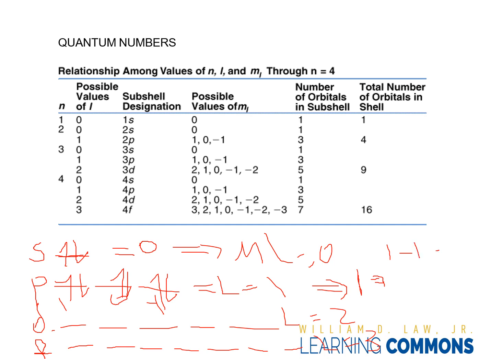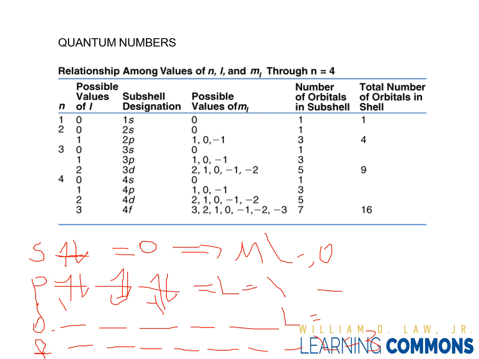This is the first, and then 0, and 0 minus 1 is equal to minus 1. If I want to write all of ML again, I say 1, comma 0, comma minus 1, and use the same idea for all other d and f orbitals to figure out ML.